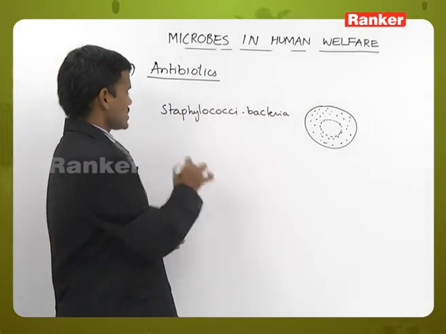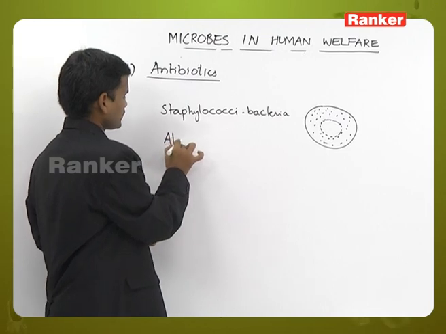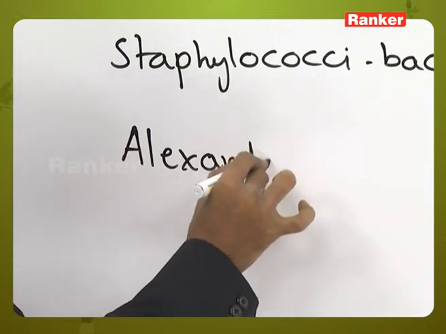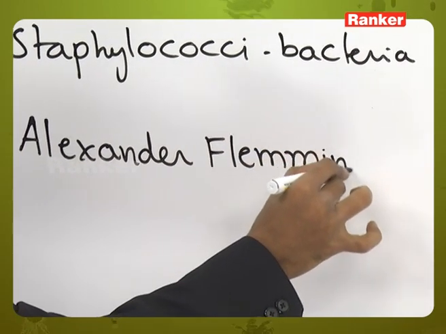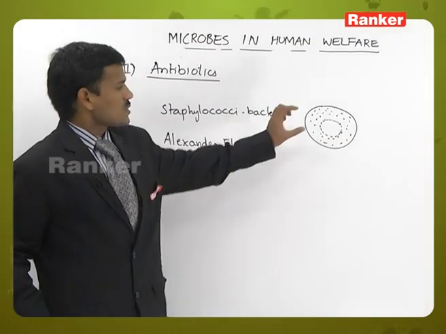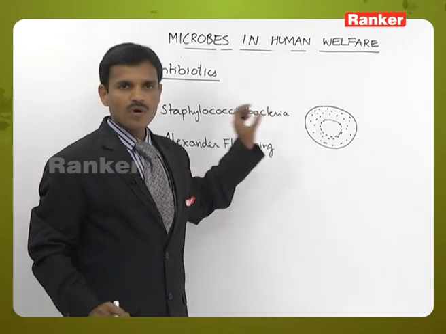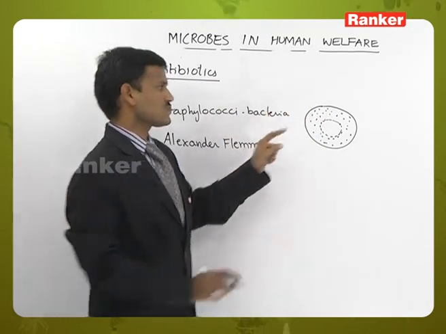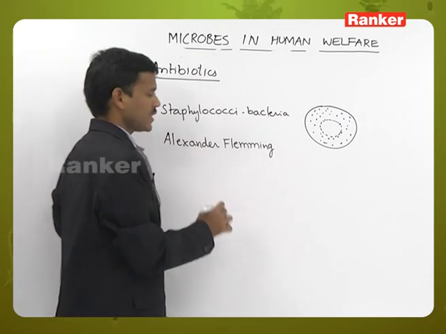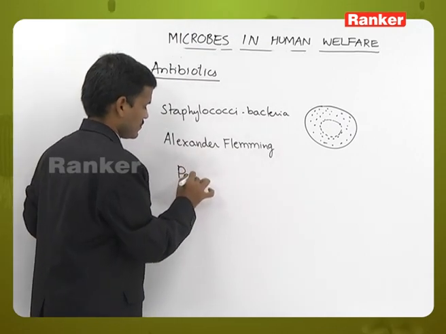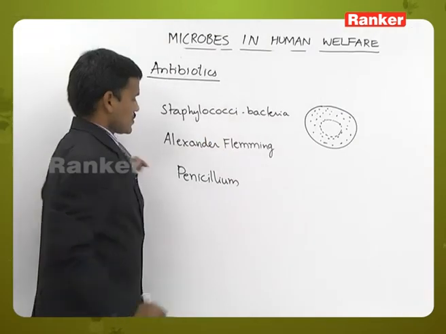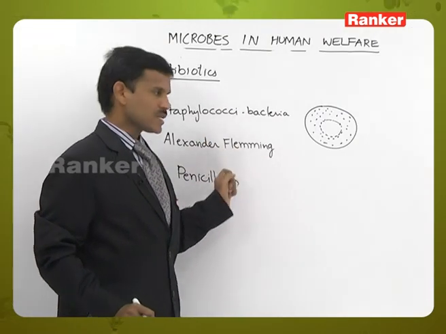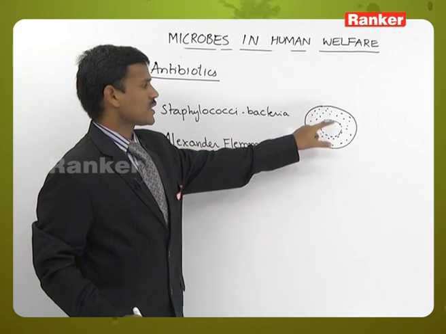Alexander Fleming observed some fungal member growing in the unwashed petri dish. This fungal member was later identified as Penicillium. Penicillium is a fungal member growing in the unwashed petri dish.